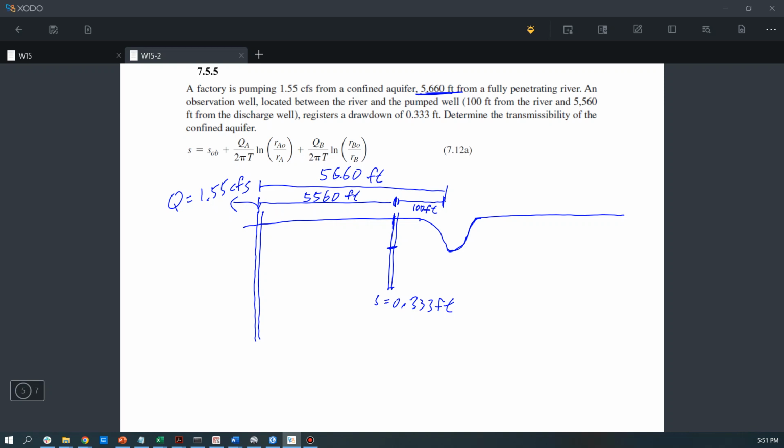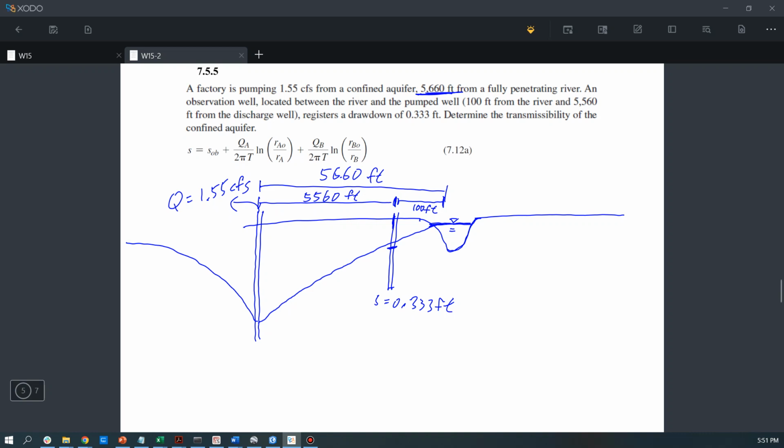Okay, so assuming the surface of the river is somewhere here, and normally the drawdown curve should be symmetric, but the river will recharge it.